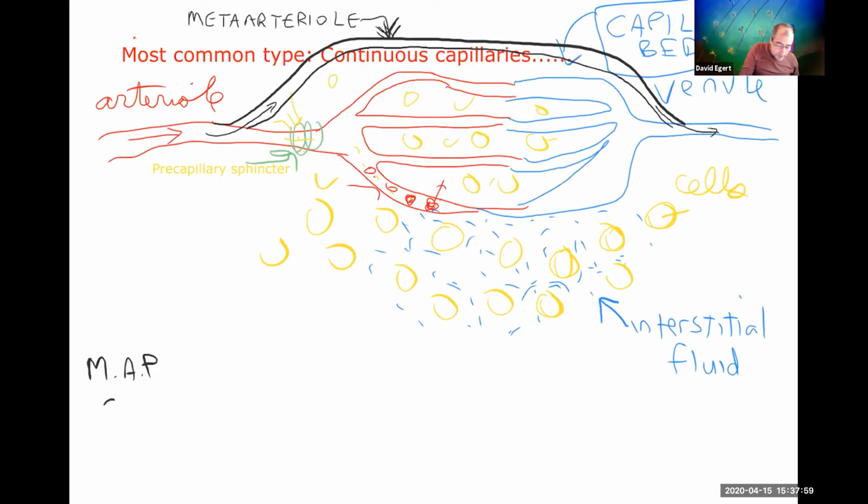If my blood pressure was 120/80, what is the mean arterial pressure for that? How do I calculate mean arterial pressure? Does anybody remember? Nobody?